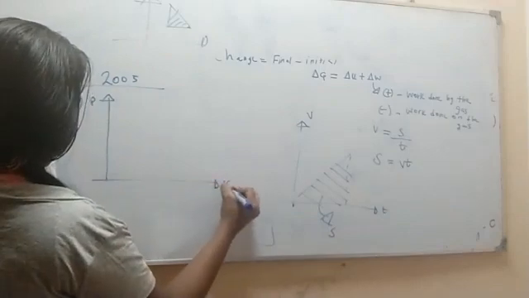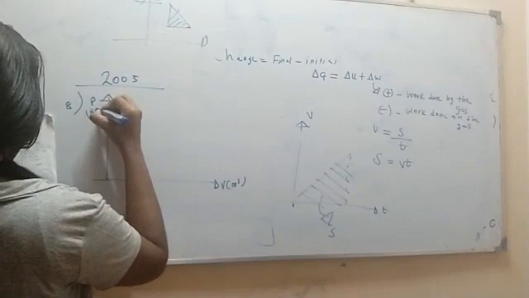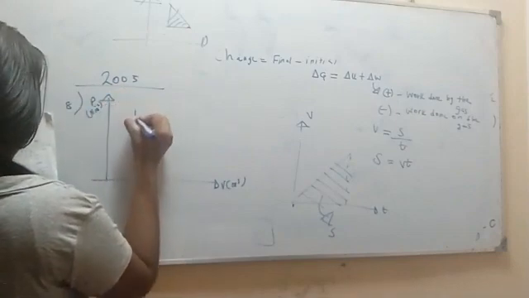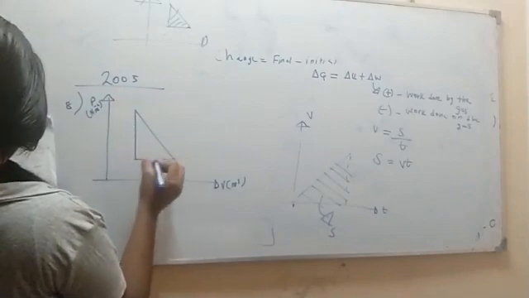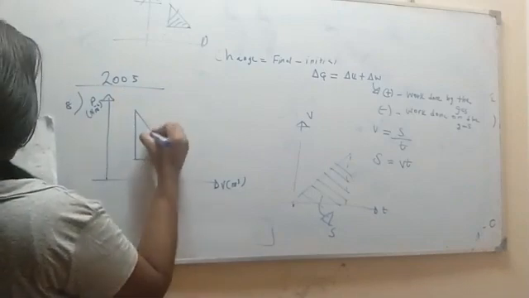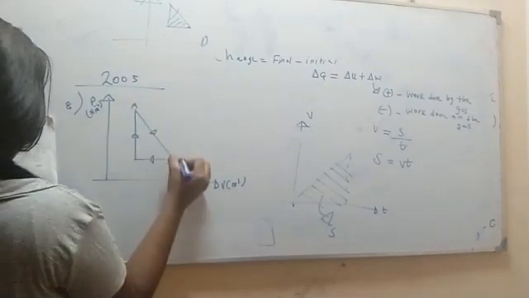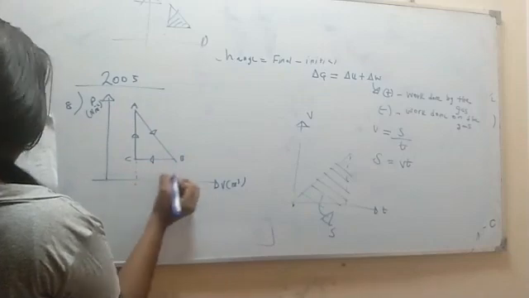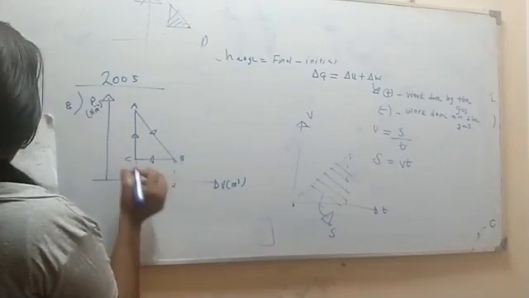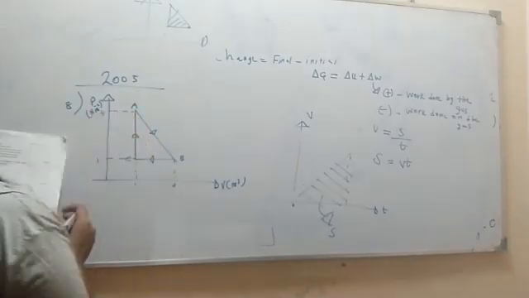Volume is measured in meter cube, pressure is measured in Newton per meter squared. They have given a graph with points A, B, C.